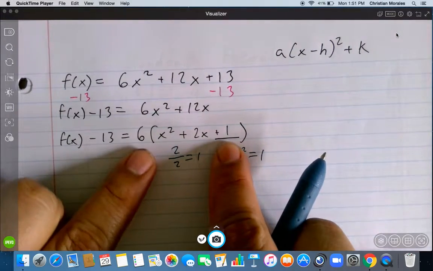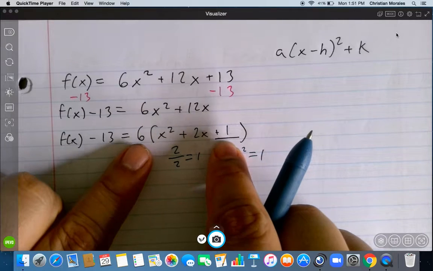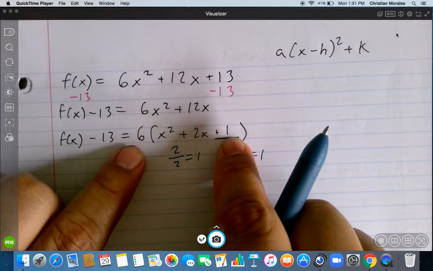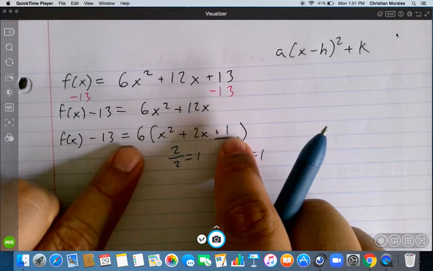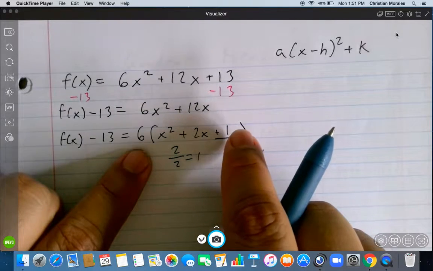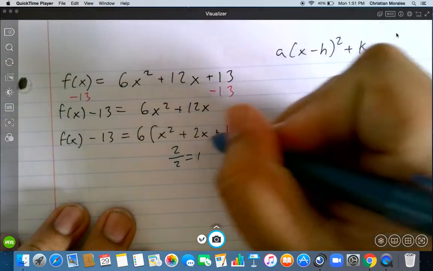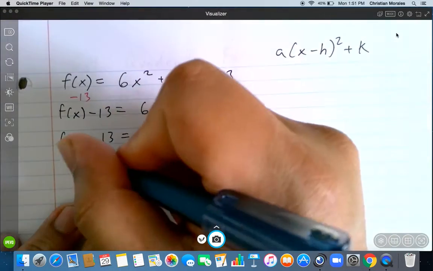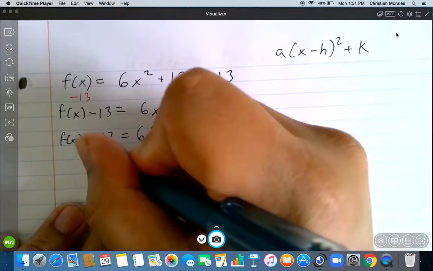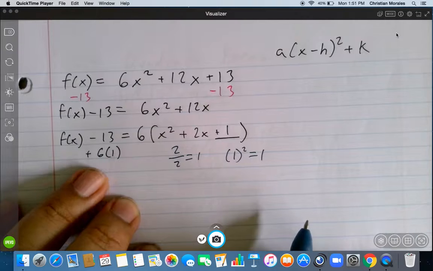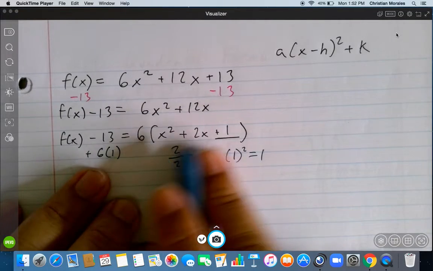Now, here's where you have to be careful. That 1 is being affected by this 6. Because it's inside the parentheses, this is being affected by a 6 times 1. So what you're really doing here is you're adding 6 times 1. Not just the 1, 6 times 1.